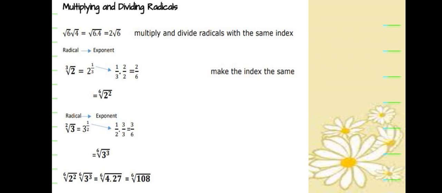So the sixth root of 3 cubed. So the sixth root of 2 squared times the sixth root of 3 cubed is equal to the sixth root of 4 times 27, which is equal to the sixth root of 108.